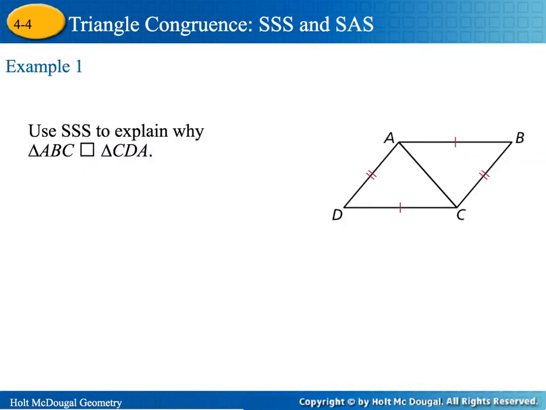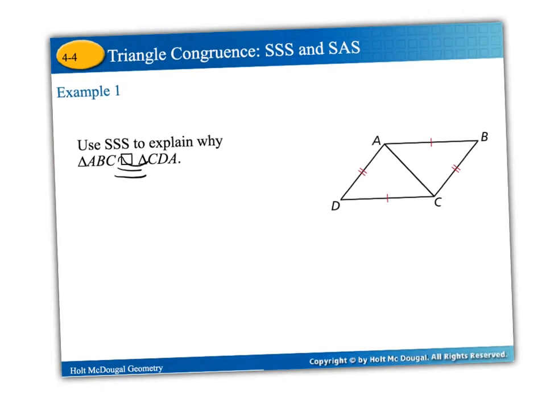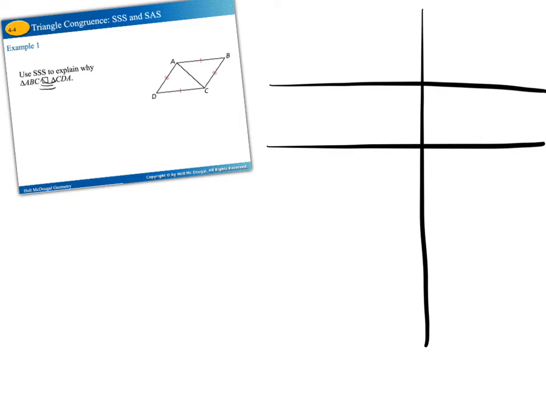Alright, so use SSS to explain why triangle ABC is congruent to triangle CDA. So let's do a little proofing. Nothing's really given to us except for the diagram, so the information in the diagram, I'm going to go ahead and just put into our given.